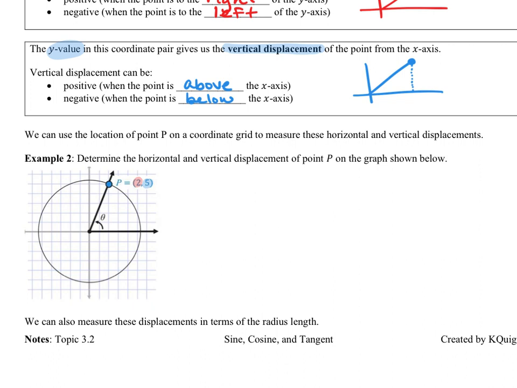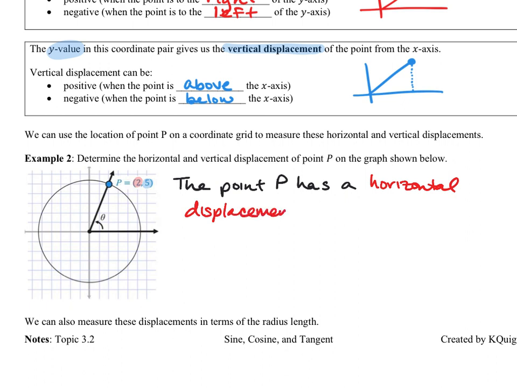So the sentence we would write here to answer this question is, we would say the point P has a horizontal displacement of 2, because that's the x-coordinate, and a vertical displacement of 5.